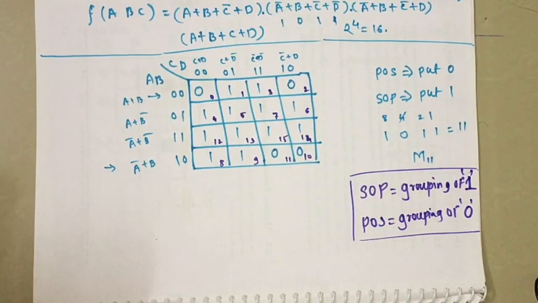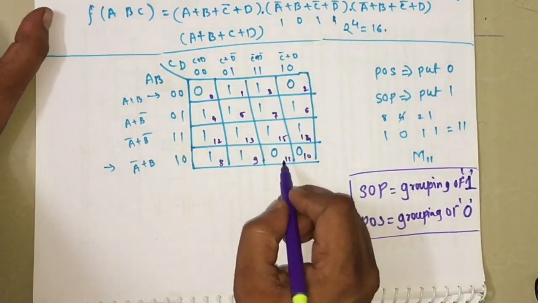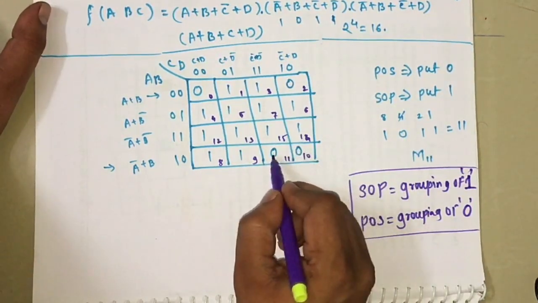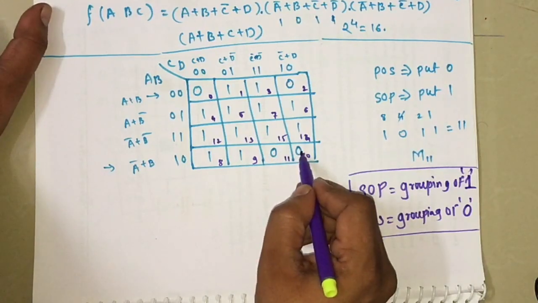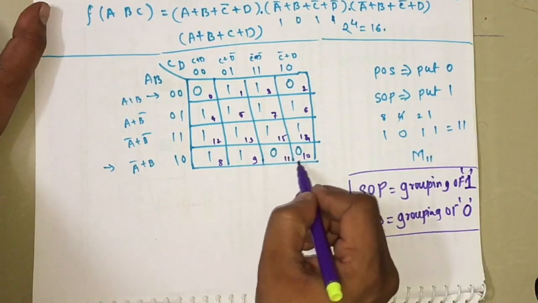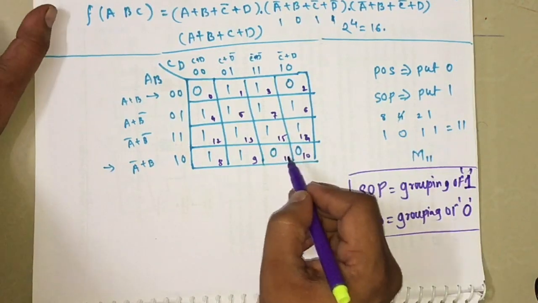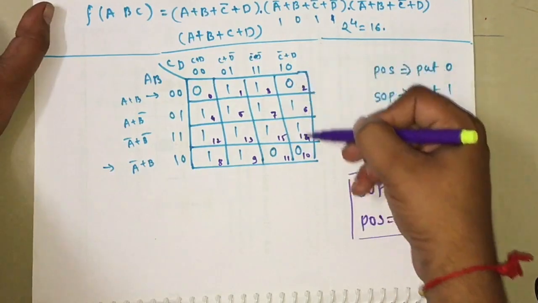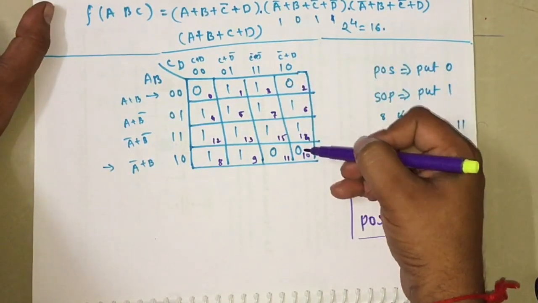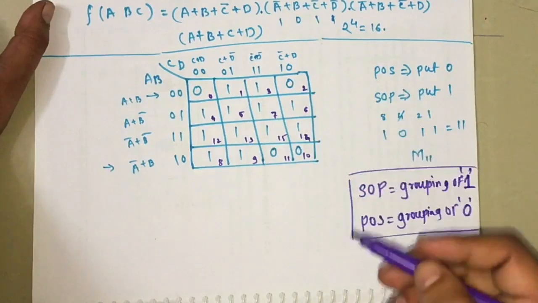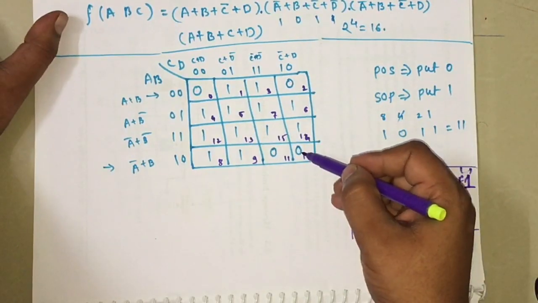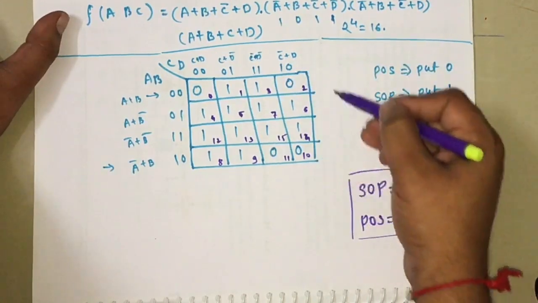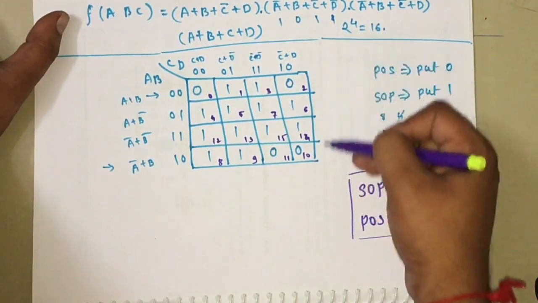Here we see that these two zeros are adjacent to each other, so an internal grouping is formed. Again, this 0 and this 0 are also adjacent to each other, but they are externally adjacent.